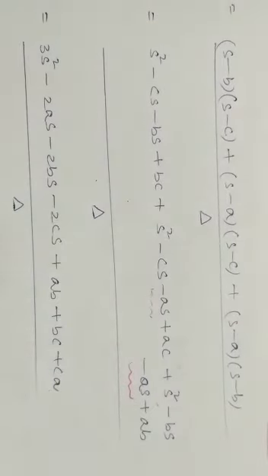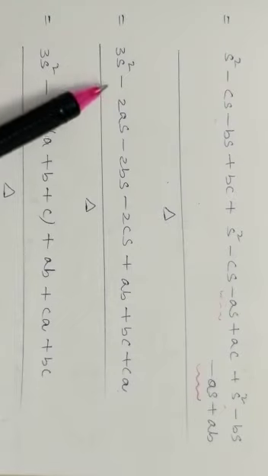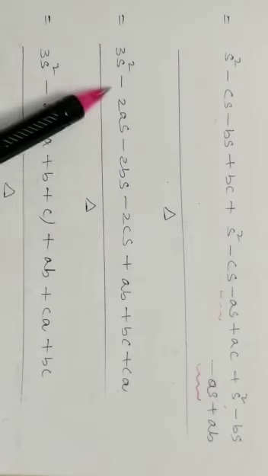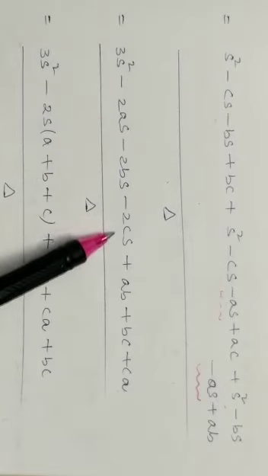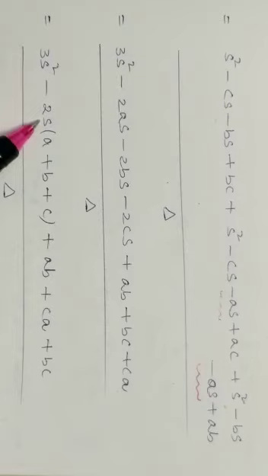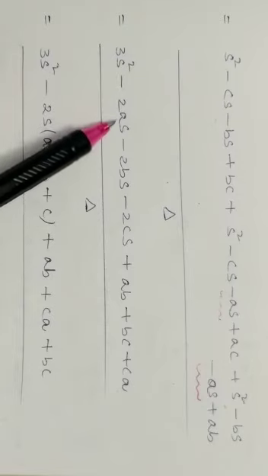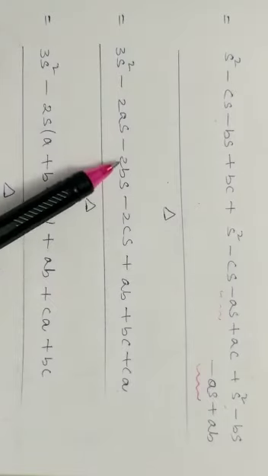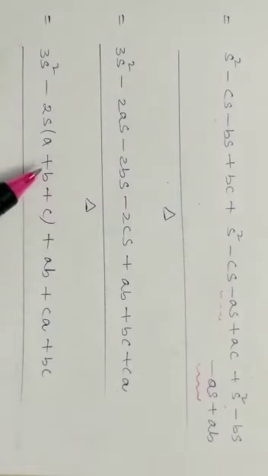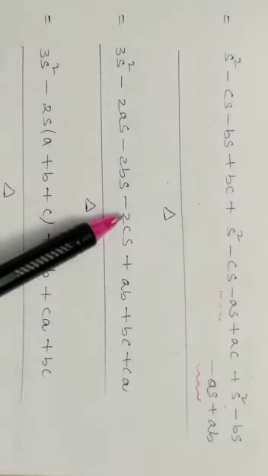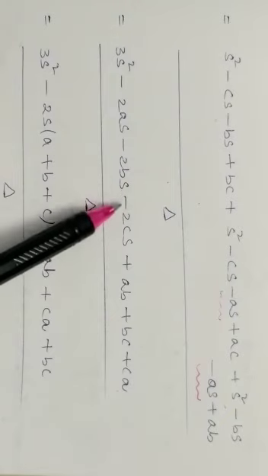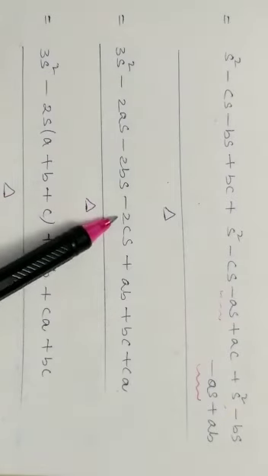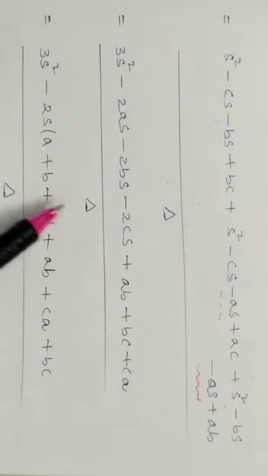Here, 3s square minus, in these three we can take minus 2s common because all the three terms have minus 2s. So take minus 2s common. The remaining are a, b and c.